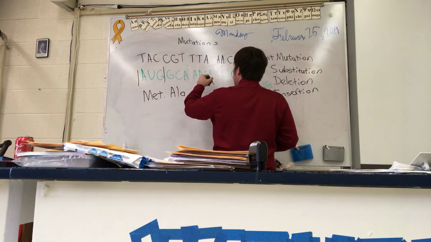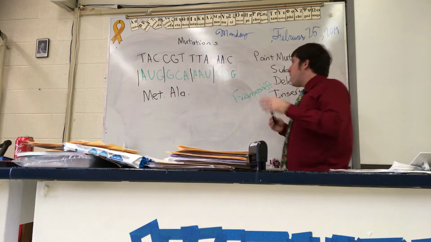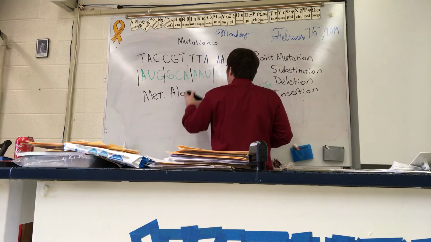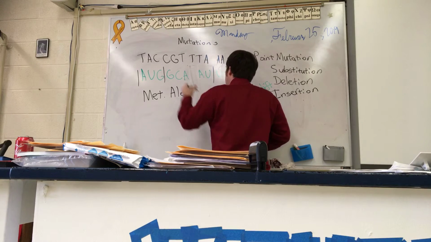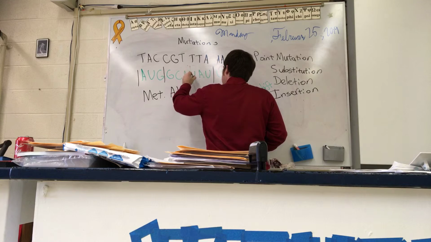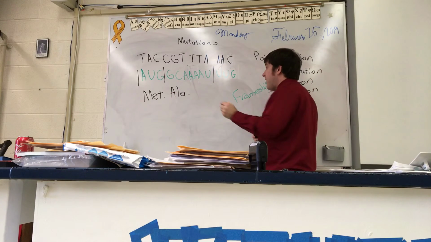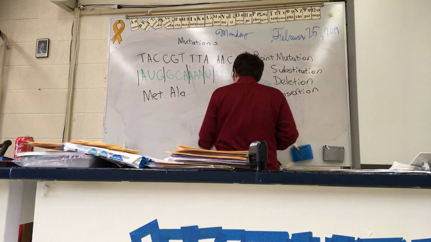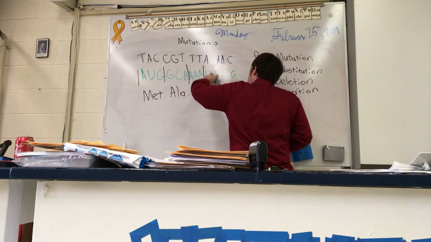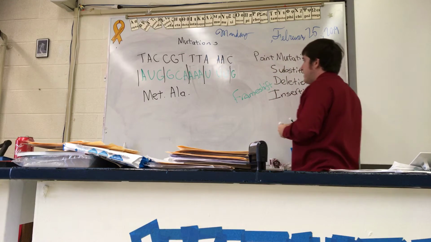Well, if this was the original grouping, like this, if I were to insert a letter, maybe I decide to throw in, oh, I don't know, another A right here. Now all my frames have to shift again. This is right here, that will be right there, and that will be right there.